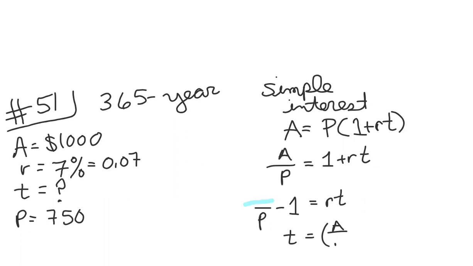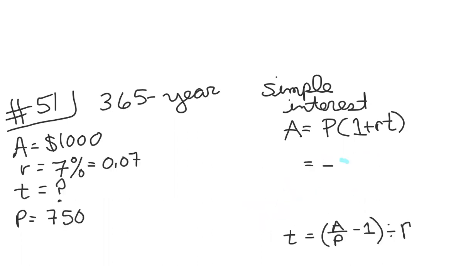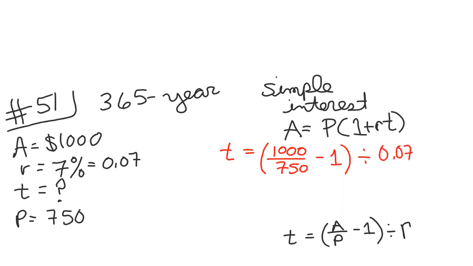I'm going to erase some of this so that I have some space, right? And I'm going to write our stuff, right? So we have 1,000 divided by 750, and then we'll take away 1. And from that quantity, we'll divide by 0.07.